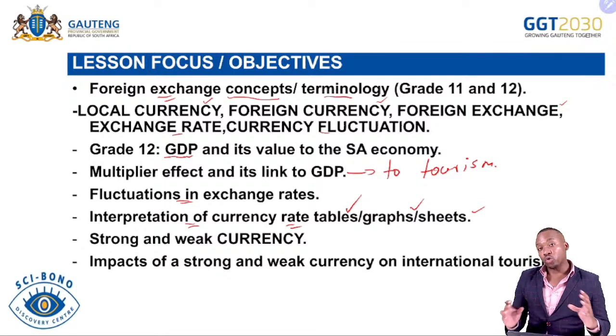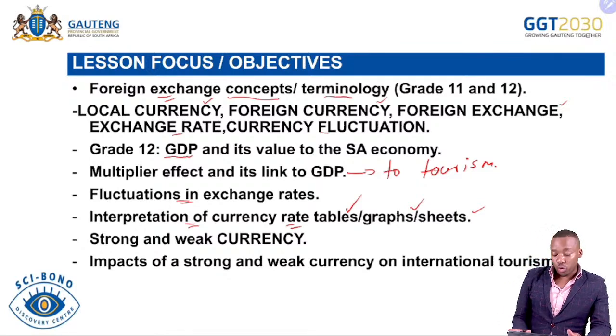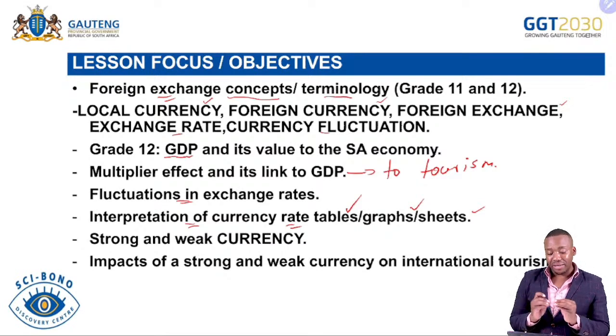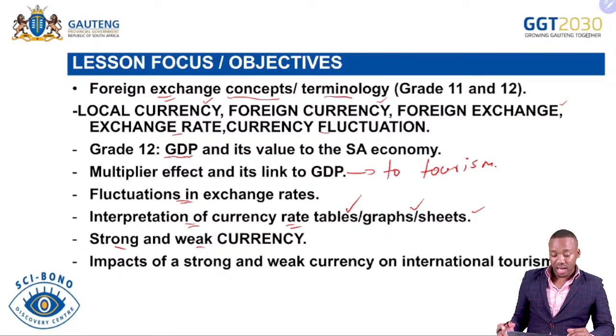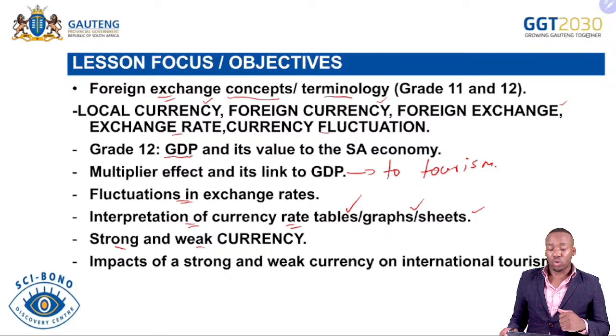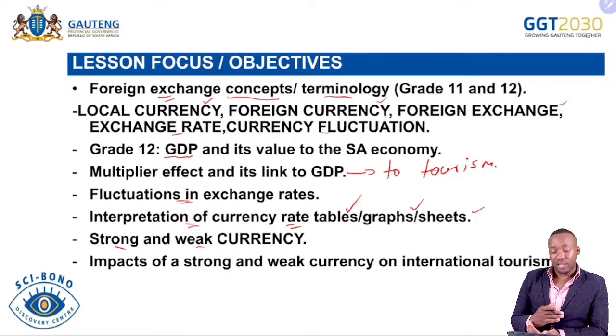This is what you're going to come across, especially when you go to your bank and so on. Also, when you get your papers, when we do the calculations. We'll also then move to the difference between a strong and a weak rand. We normally hear that our currency is strong, our currency is weak. So today we'll also learn what we actually mean when we say a currency is strong or weak.